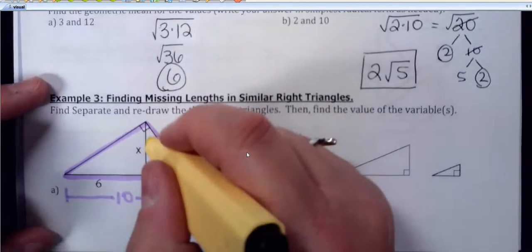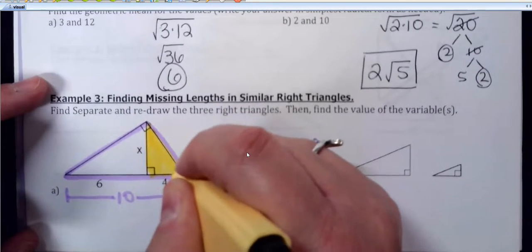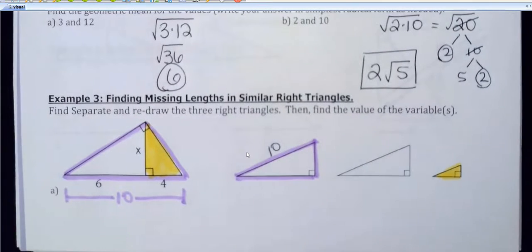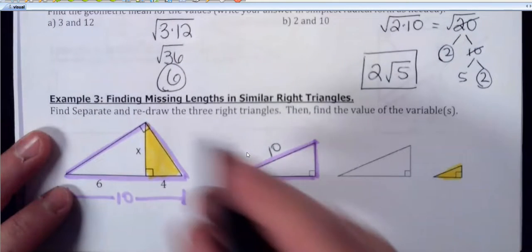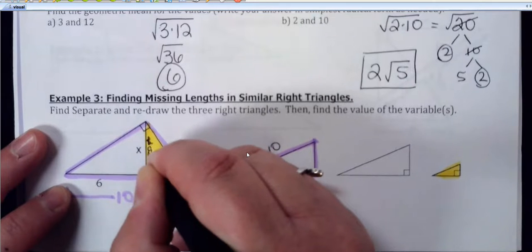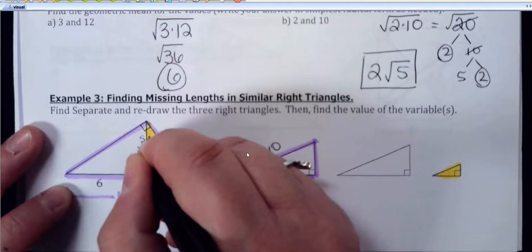Now, the little baby triangle right here. When you have the height drawn between the right angle and the hypotenuse of the overall thing, in this triangle here, this is the long leg. On the other side, in the medium triangle, it is the short leg.